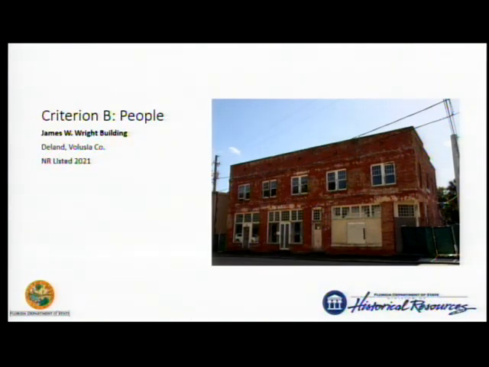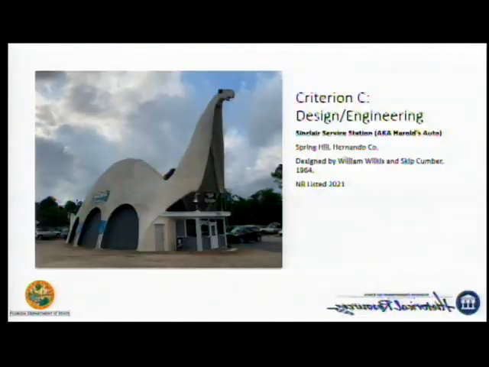He was so successful that he actually presented at a national conference for black business owners that was established by Booker T. Washington back in the 19-teens. And he operated his businesses out of this building through the 1950s.